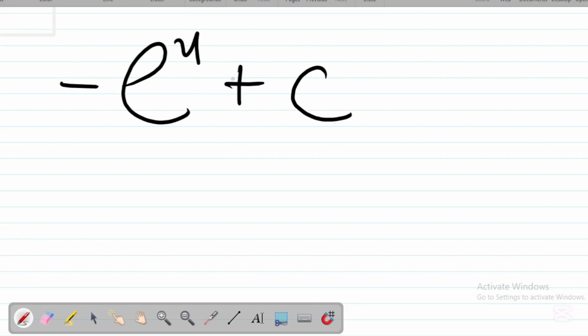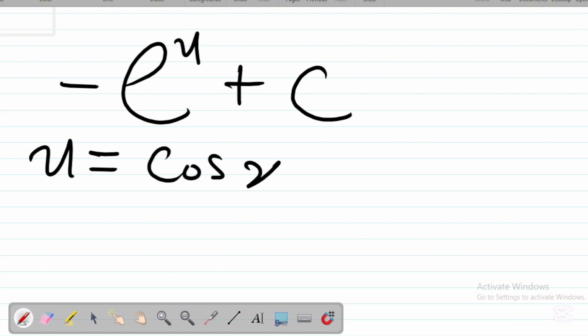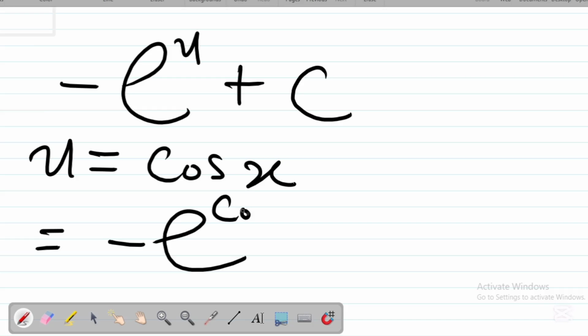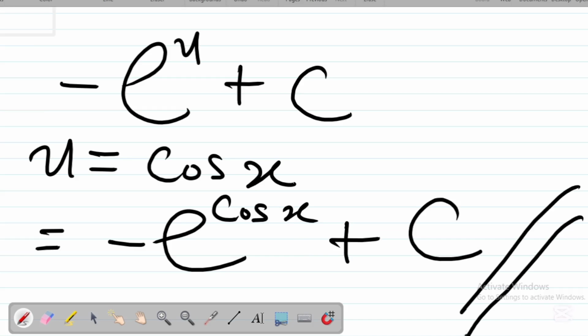So if we simplify further, we would have negative exponential u plus c. Now let's substitute the value of u. Remember, u is cos x. So if you substitute the value of u, you would have negative exponential cos x plus c. So this is our final answer, where c is the constant of integration.